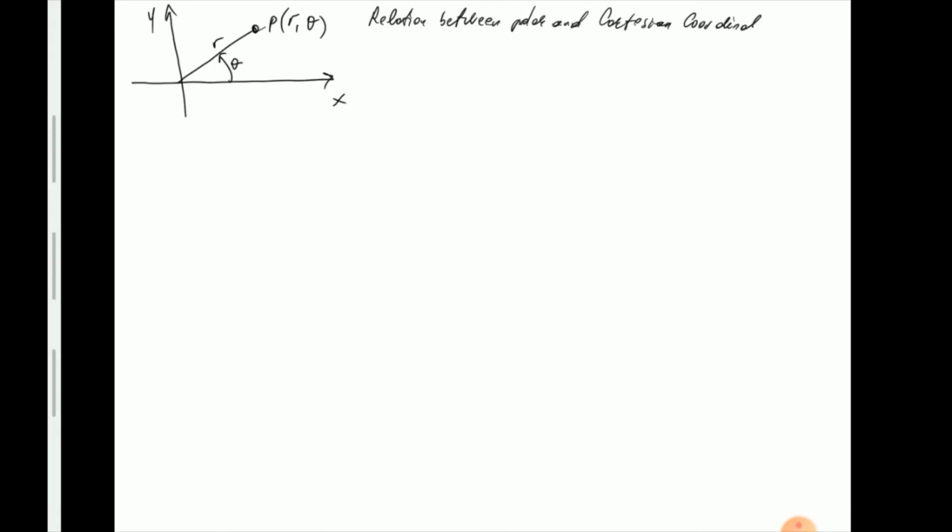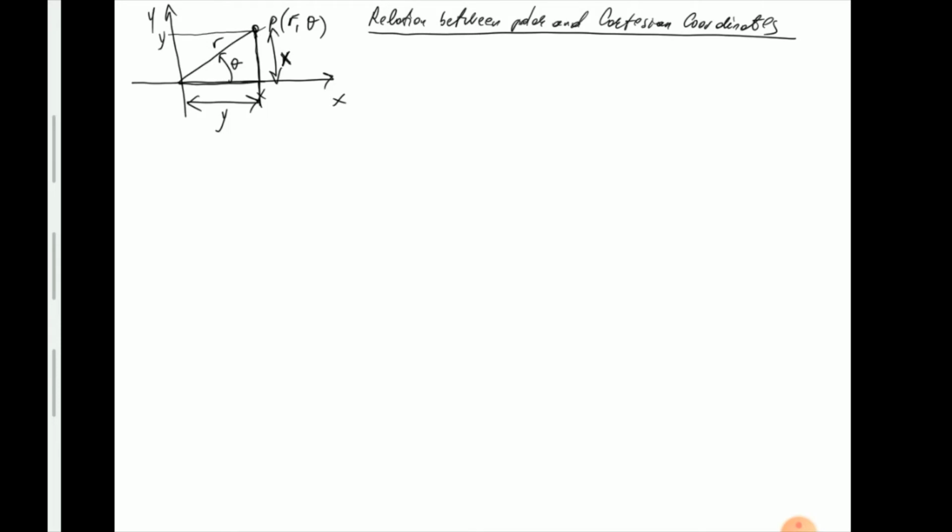I'm going to illustrate this for a point in the first quadrant, but that works in any quadrant. So suppose the point has coordinates r and theta, and notice that when you look at the x coordinate and the y coordinate of the point, the Cartesian coordinates, they form a right triangle. So this distance is going to be the y coordinate, and this distance, the x coordinate.